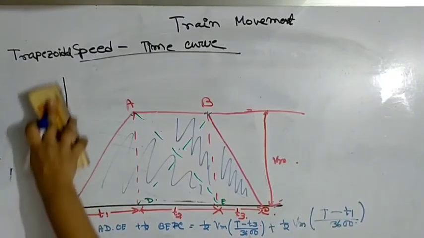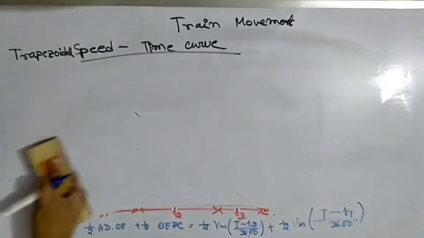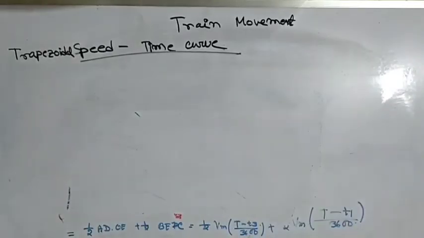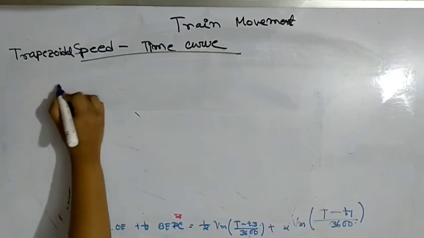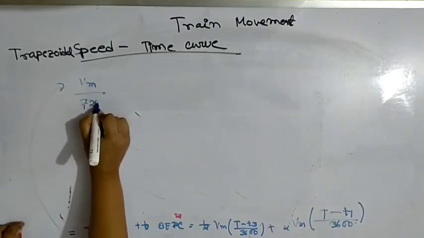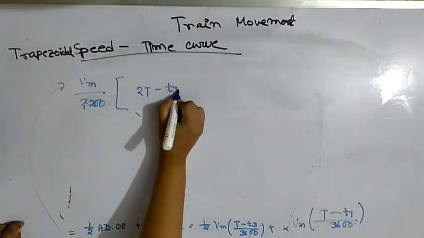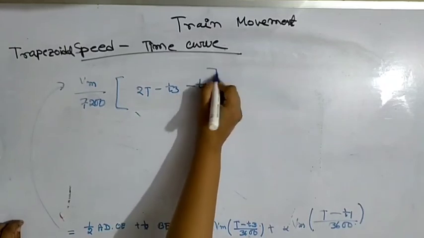Okay. Now this equals Vm by 7200 (2T minus T3 minus T1).